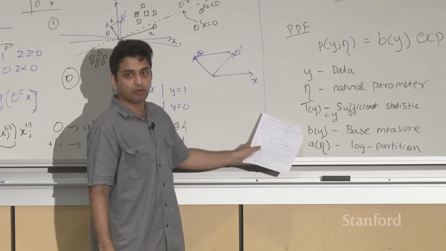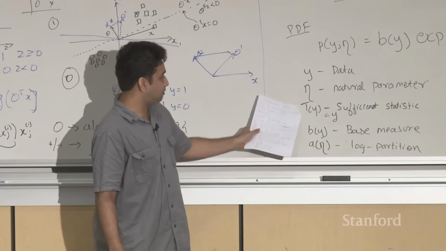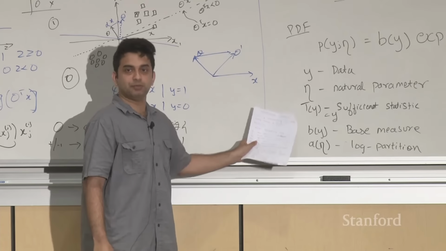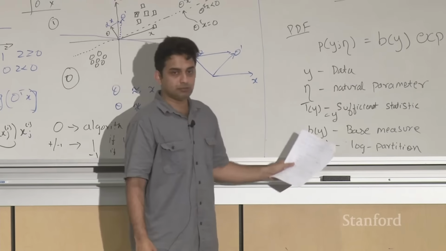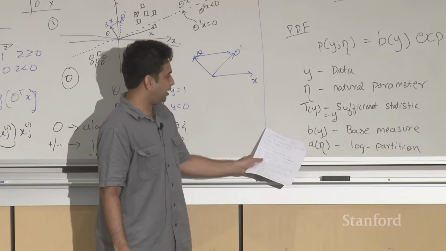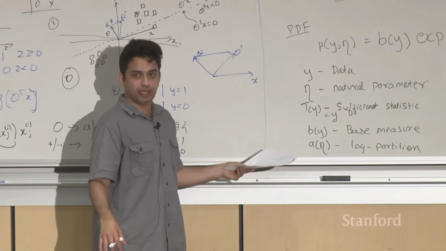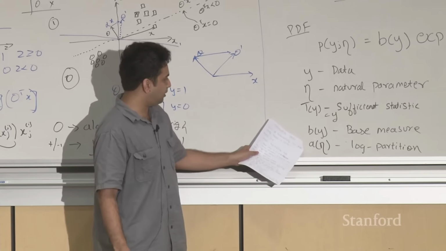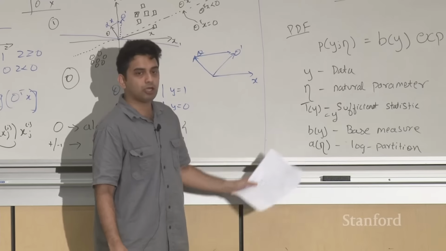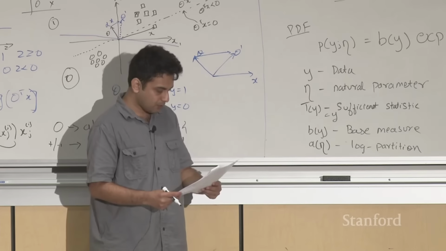This function cannot involve eta, and similarly, T of y cannot involve eta. It should be purely a function of y. B of y is called the base measure, and A of eta, which has to be a function of only eta and constants, with no y part of A of eta, is called the log partition function.